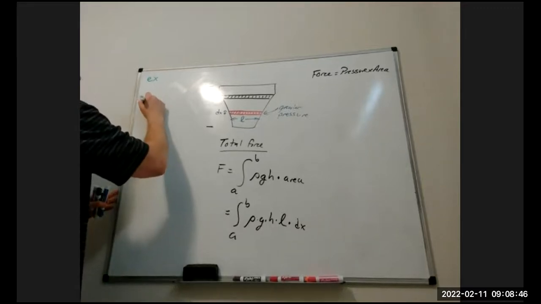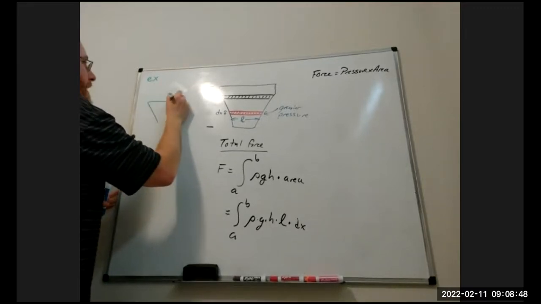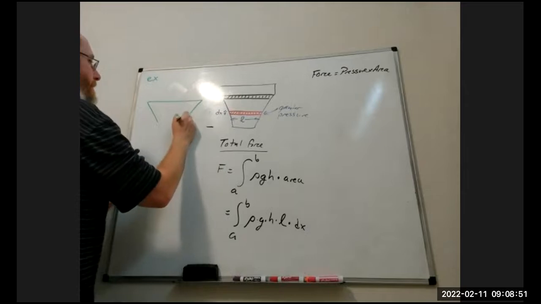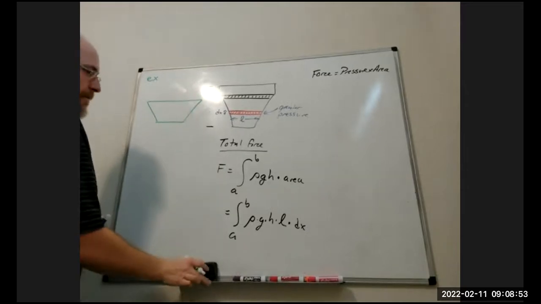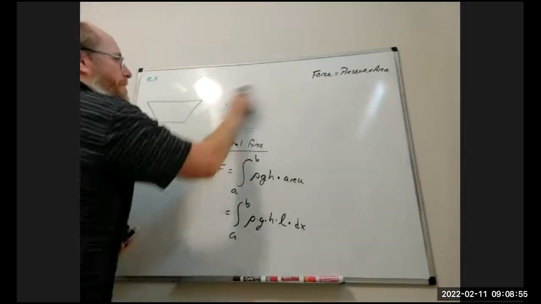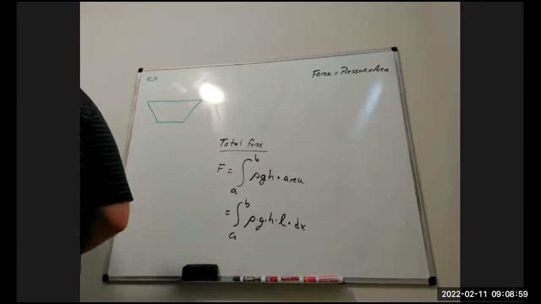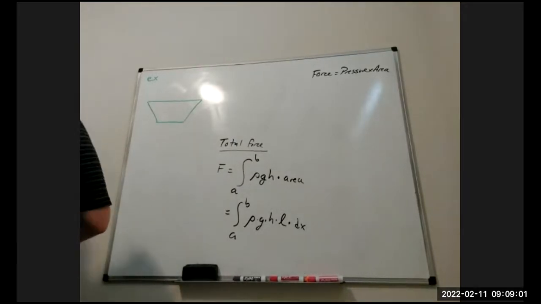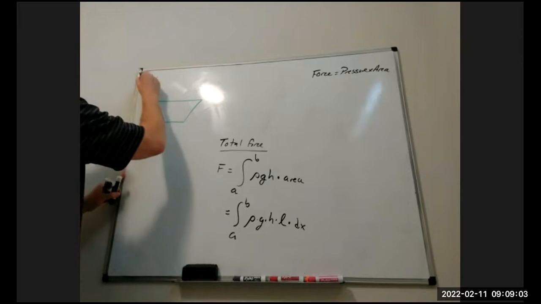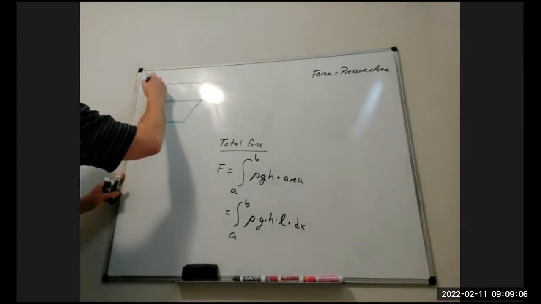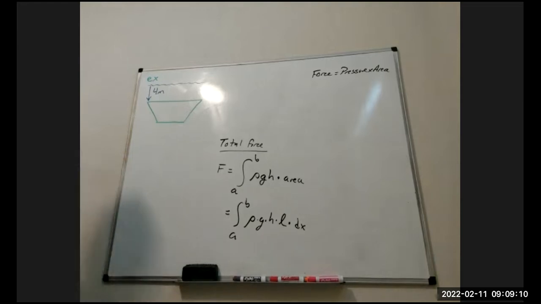So here's what we're going to do. Let's say that we've got a parallelogram that's submerged in water. And what I'm going to tell you is that the top of this is 4 meters below the surface of the water.